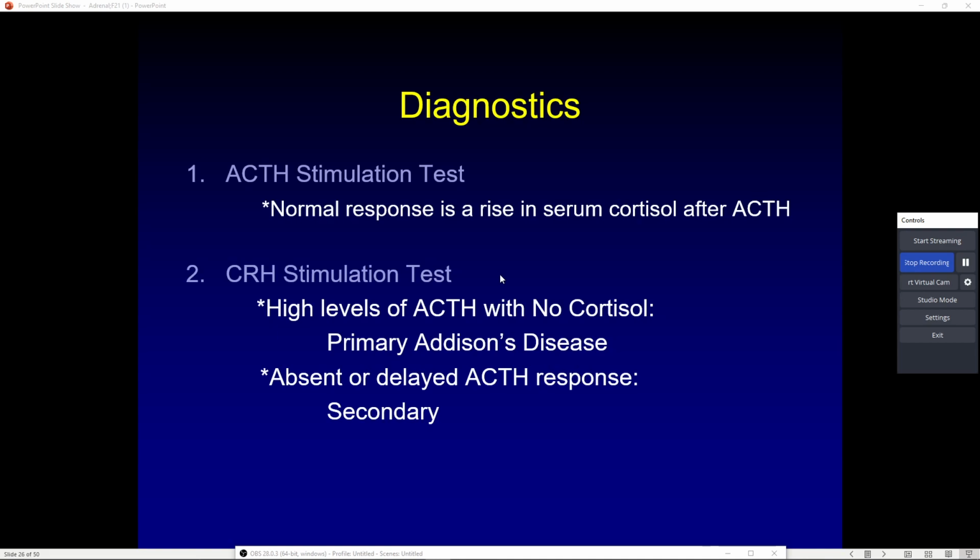We would do diagnostics of the pituitary gland, or we would do diagnostics of the adrenal gland itself. CRH stimulation. Okay, so we're going to look at our levels again. If I have high levels of ACTH, but I have no cortisol, we're going to lean into Addison's disease as the primary cause. If I have an absent or delayed ACTH response, we're going to be looking at the pituitary gland, and that's going to be considered a secondary causation.